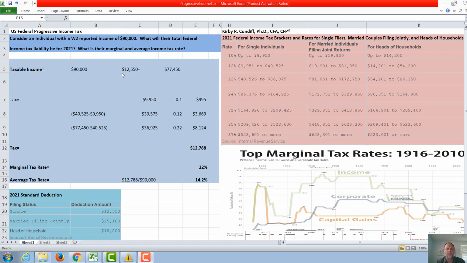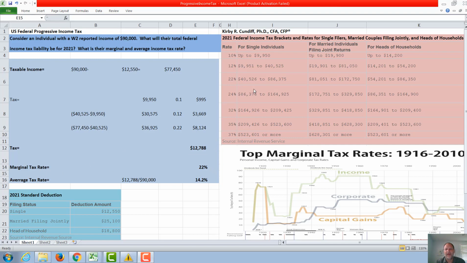So we take $90,000 minus the $12,550, and we get $77,450 is their taxable income. We look in the brackets over here, and we find that dollar amount of $77,000 is between $40,000 and $86,000, so they are in the 22% marginal tax rate.